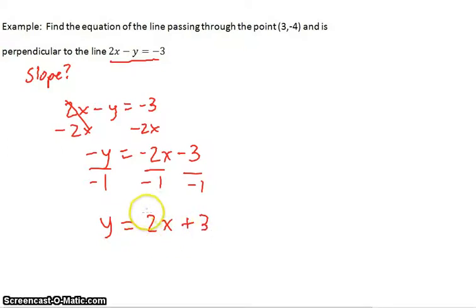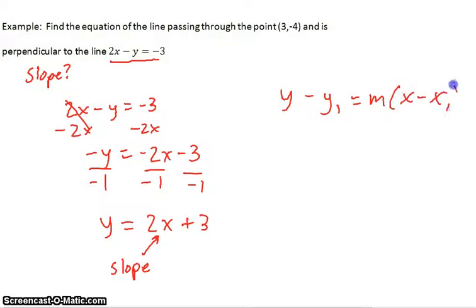Again, we do this so that I have a number that describes the slope for me. So in the equation right here, I need a point and a slope. I have my point right there. I have the slope. It is perpendicular now, so I need the opposite reciprocal.